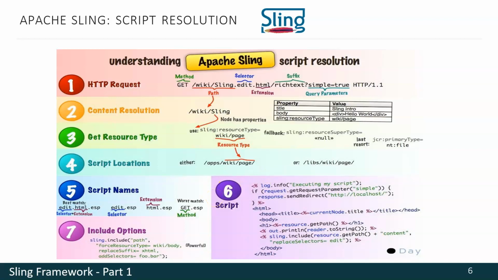Here they are. So which one will render out a page? The script is selected based on the best match, which depends on the available extension in the URL, available selectors, or simply the HTTP request method. In our case, the best matching script is edit.html.esp. As a result, Sling will execute this script, which may in turn include other scripts.